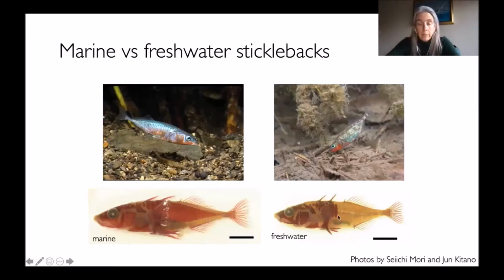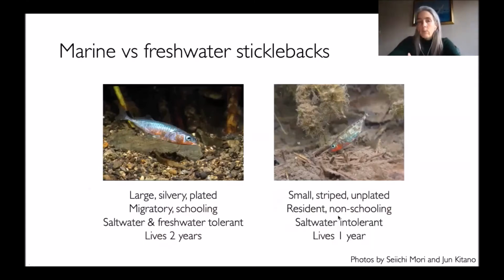But marine and freshwater sticklebacks vary in all sorts of traits, pretty much everything we can look at. Body size is a big difference. Marines tend to be larger. They have this much more silvery pigmentation than these stripy or mottled stream resident sticklebacks. Then there are behavioral differences. Marine sticklebacks are migratory. They move into freshwater to breed, and then the babies are born in freshwater and migrate back out to the ocean, much like salmon.